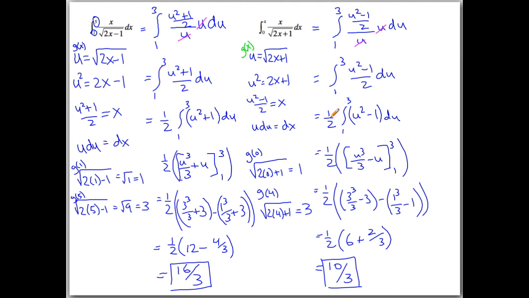You can pull out the half. Okay, and then take the integral, so u cubed over 3 minus u, and this is from 1 to 3, and then apply the fundamental theorem of calculus and simplify, and you should get 10 thirds. So that's how to use change of variables for definite integrals.